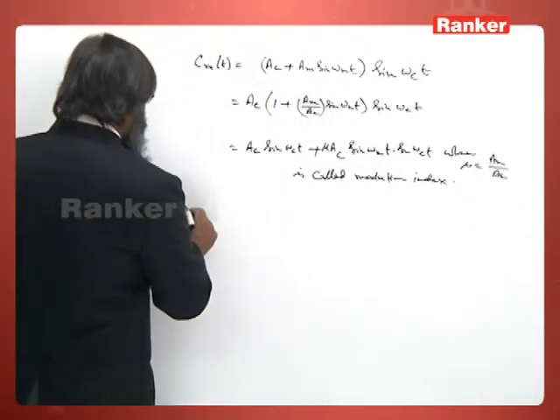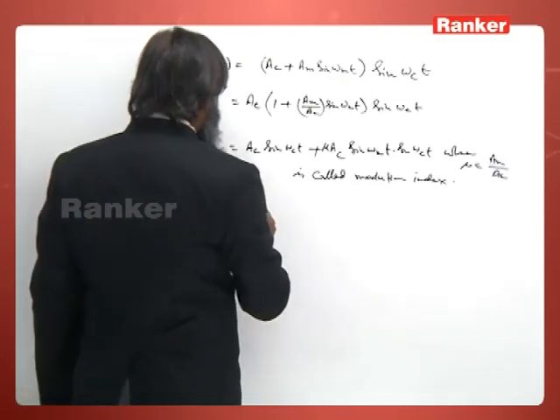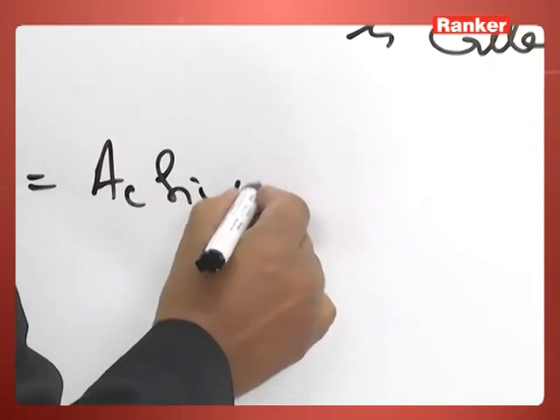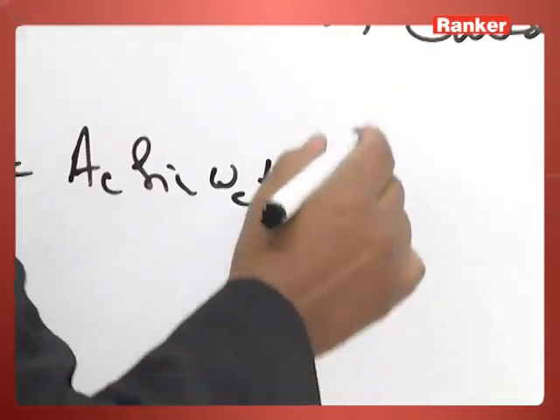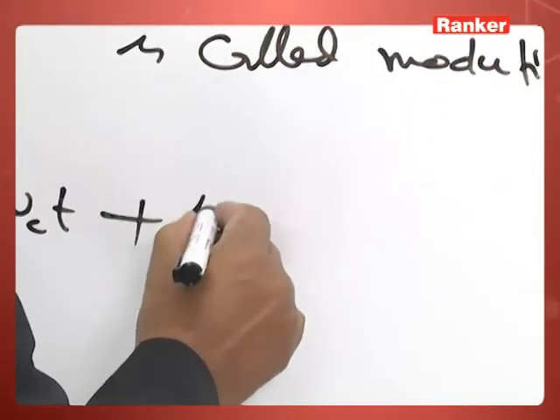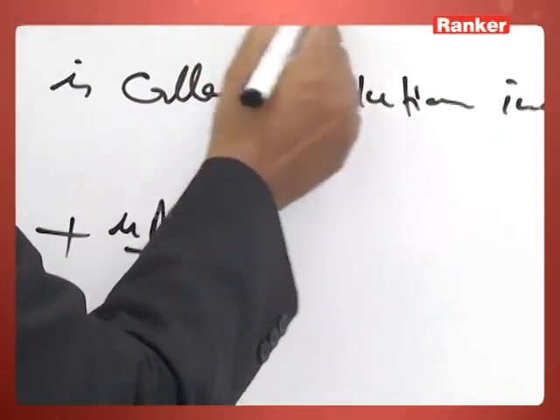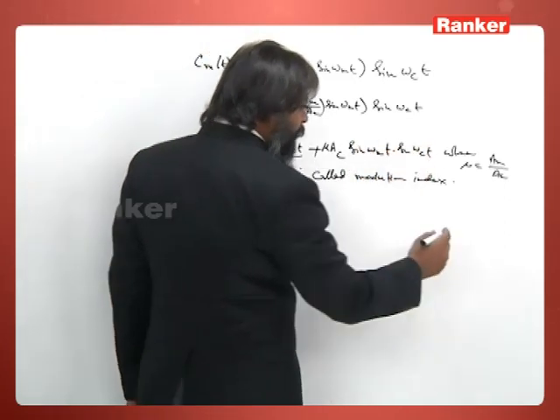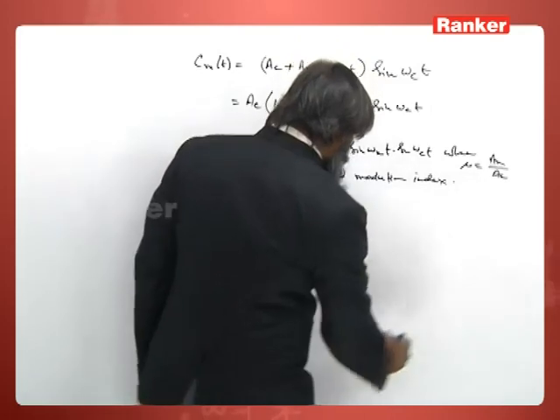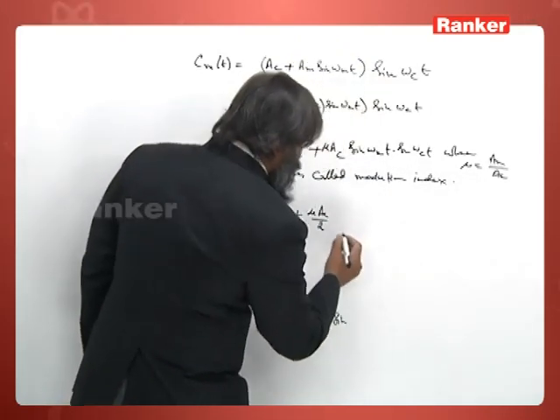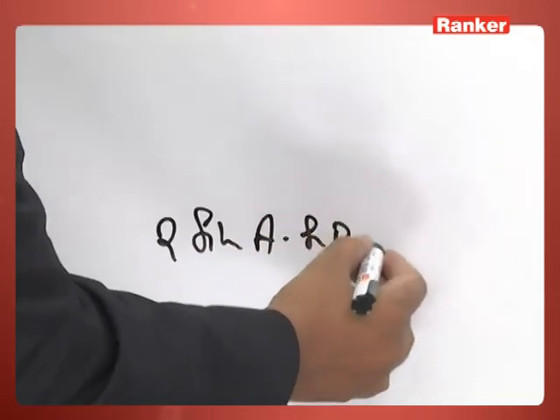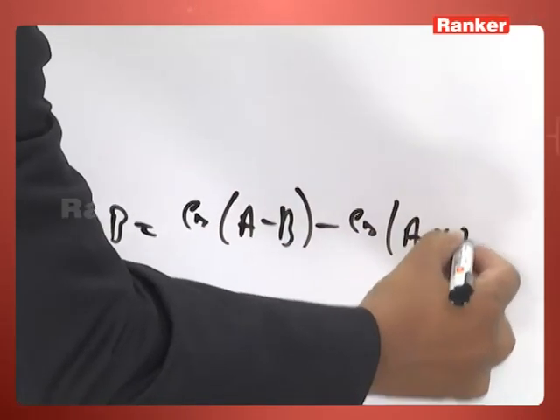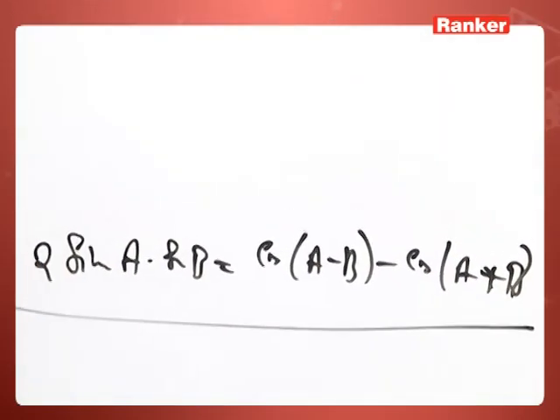So now let us see what this C_M, the modulated carrier wave, is. This is A_C sin ω_C t plus, we can take mu A_C by 2 and then we will have this 2 sin C sin D. We will use the formula 2 sin A sin B equals cos(A minus B) minus cos(A plus B). This is the trigonometric identity we are going to use.